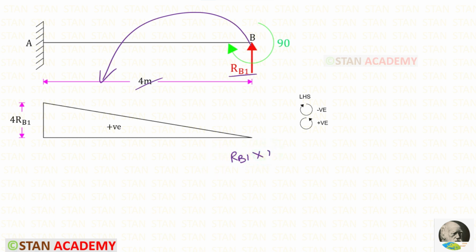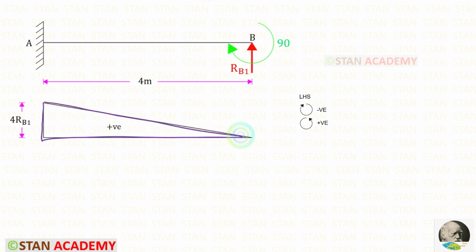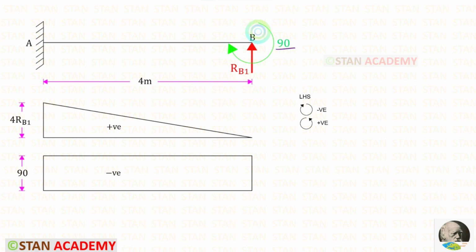RB1 into 4, we will get 4 RB1 and the diagram will be in the shape of a triangle. The moment 90 is acting in the clockwise direction so that it will be negative and the diagram will be in the shape of a rectangle.